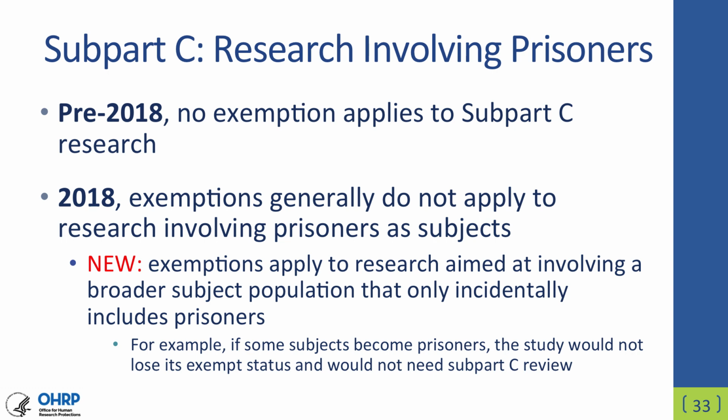However, the exemptions may apply to research aimed at involving a broader subject population and only incidentally includes prisoners. So, for example, if some of the subjects become prisoners during the conduct of the study, it doesn't lose its exempt status and it doesn't need Subpart C review.